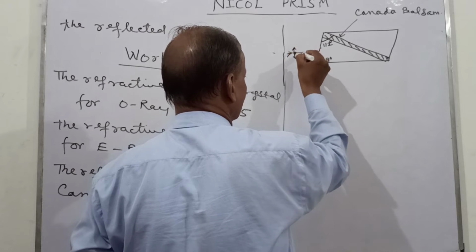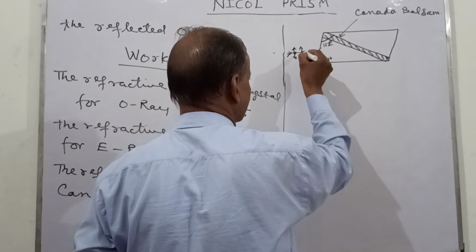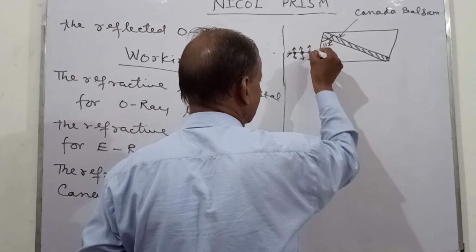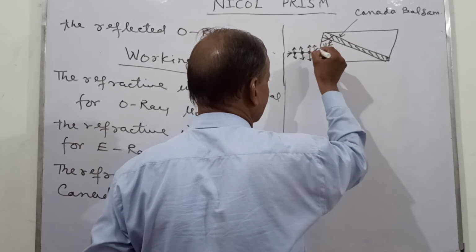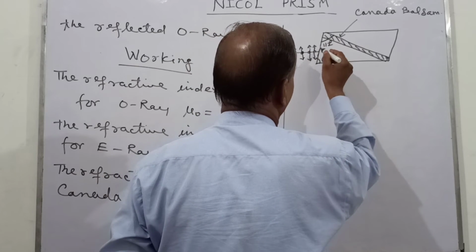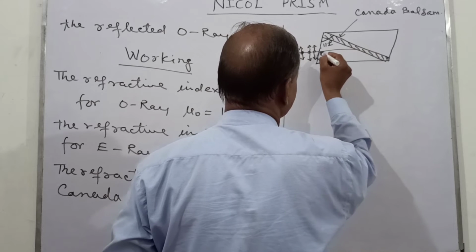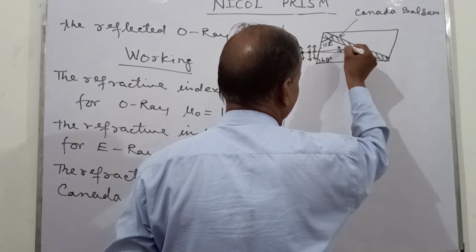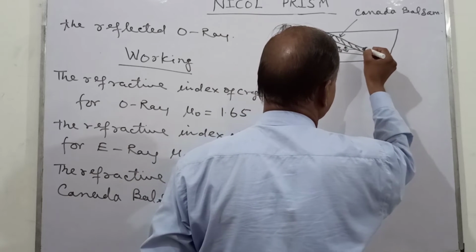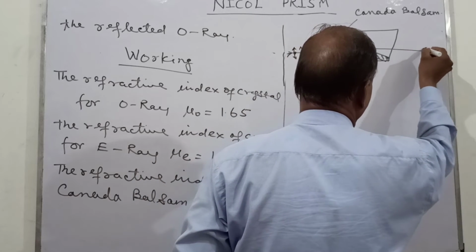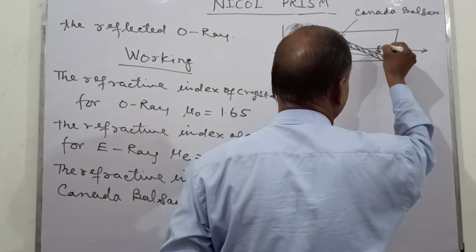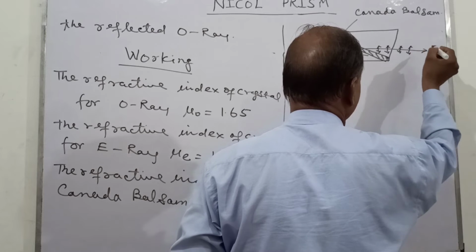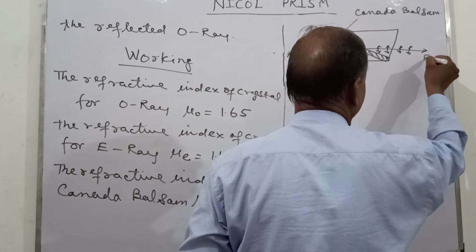This is the incident ray. It has both the vibrations, arrow and dot. Now this is being refracted into two rays. One has only the arrow vibrations. This goes out. This is the E ray.